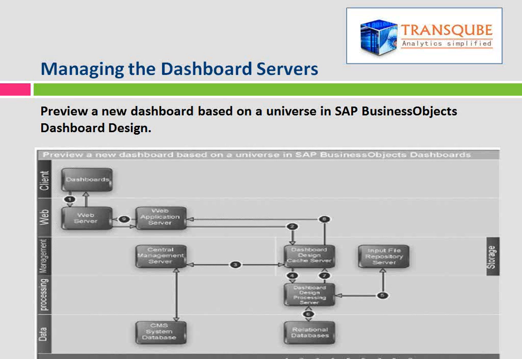This design cache server is responsible for looking for an existing instance. If it is found, it returns it. If not found, then the translation of the query will be done. Eventually that query is sent back to the dashboard design server. This is where the query is translated and picks up the data from the underlying relational database systems, and presents it to the end user.